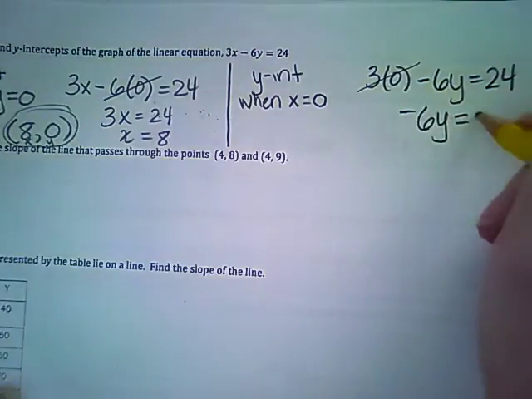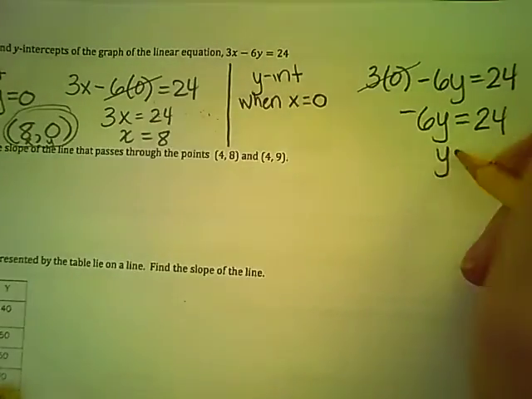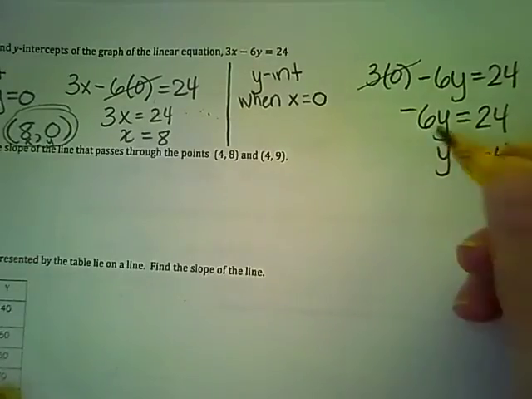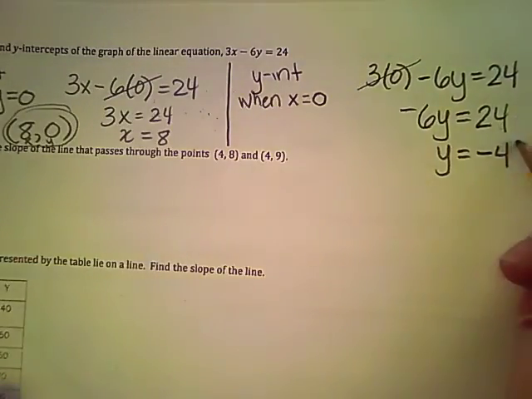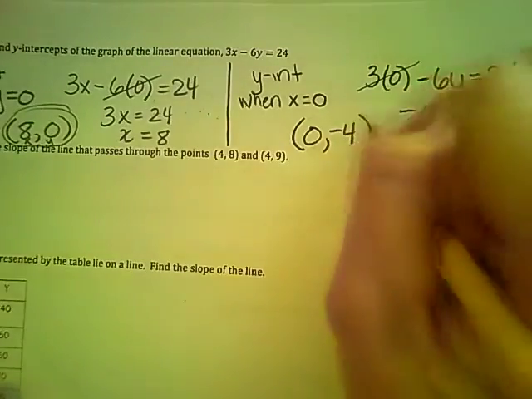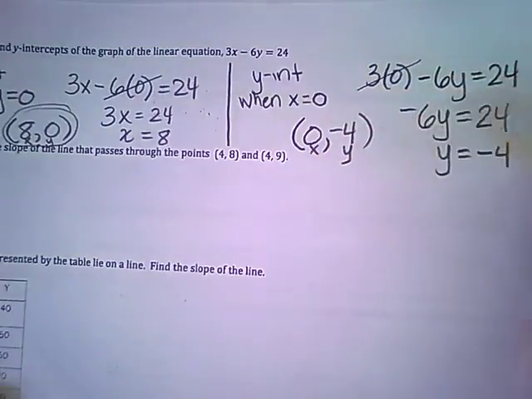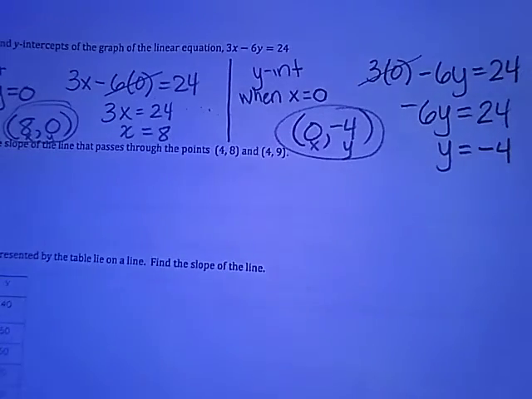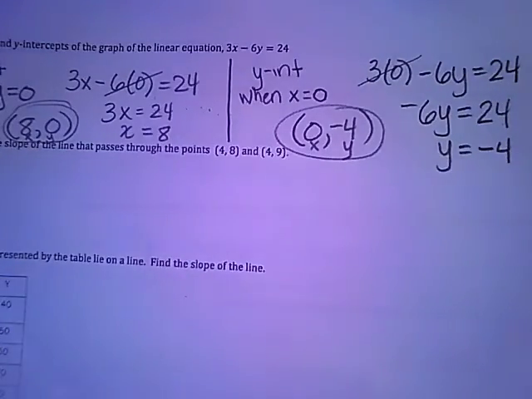I get negative 6y equals 24. Y equals negative 4, because negative 6 times negative 4 gives you positive 24. Your y-intercept then is 0, negative 4. X is 0, y. Any questions?